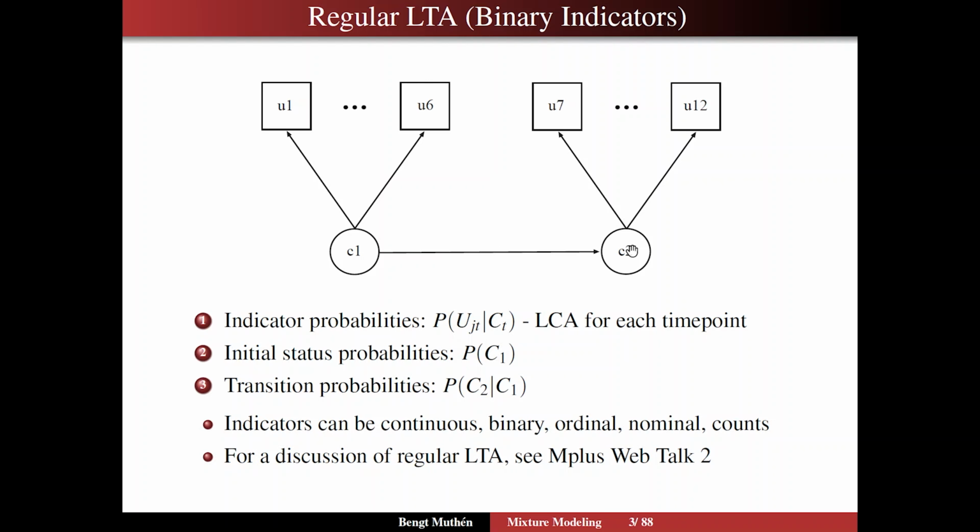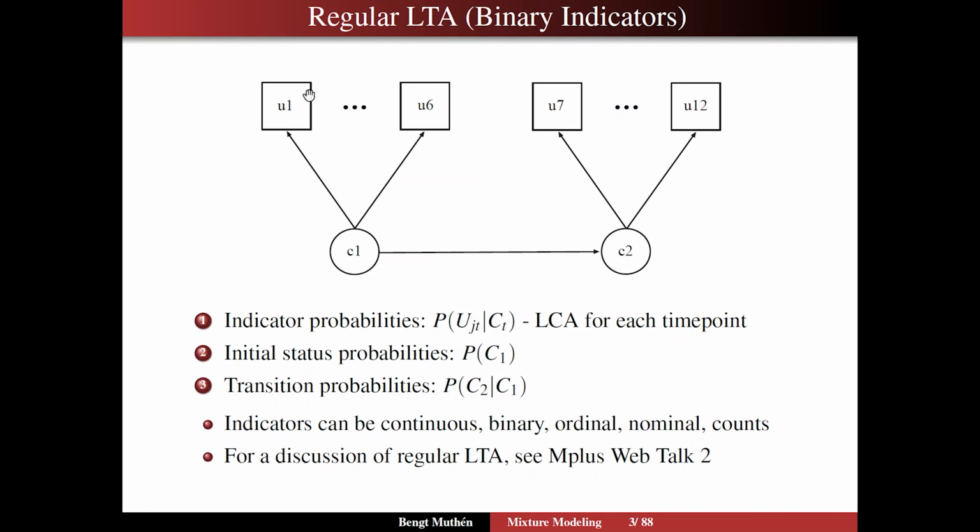The parameters in this model are, number 1, indicator probabilities for each indicator U, where we have a probability for the indicator J, referring to U1 in this case, conditional on class at a certain time point, CT.